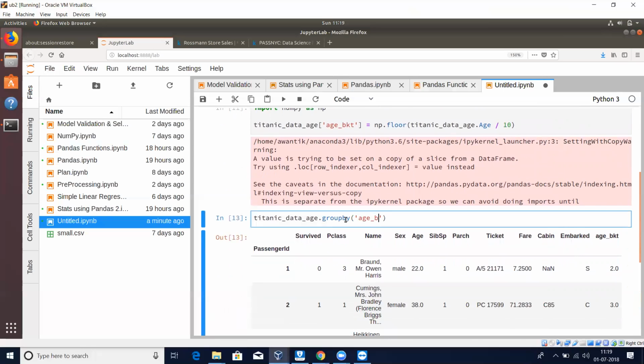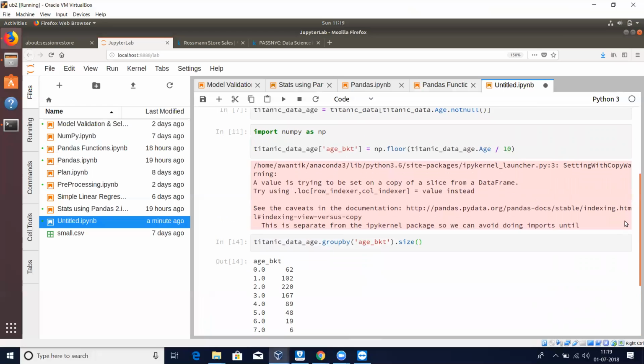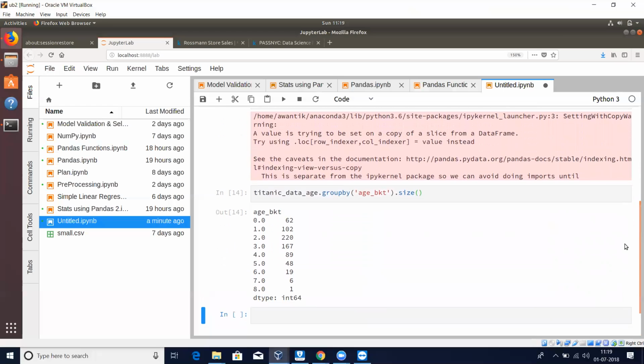Which will, 2.2 will convert into 2 with floor. Okay, with ceiling, 2.2 will convert into 3, the higher value. Right. So this is the distribution here. A lot of people are between the 20 and 30 age group.